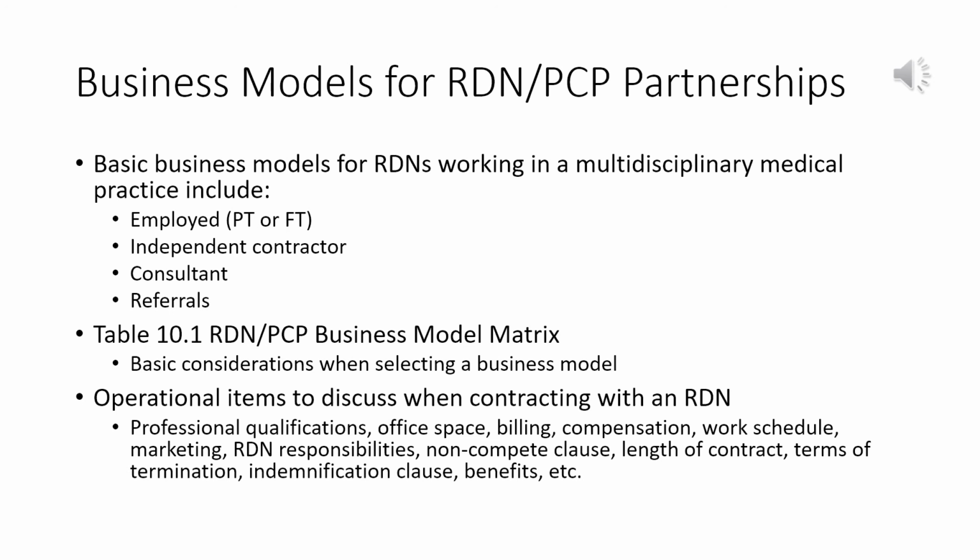However, there are some other operational items that are mentioned in this toolkit that need to be considered when contracting with a PCP and an RDN. And to be honest, these are things that you can always refer to, because any employment or business contract will and should talk about each of these considerations.